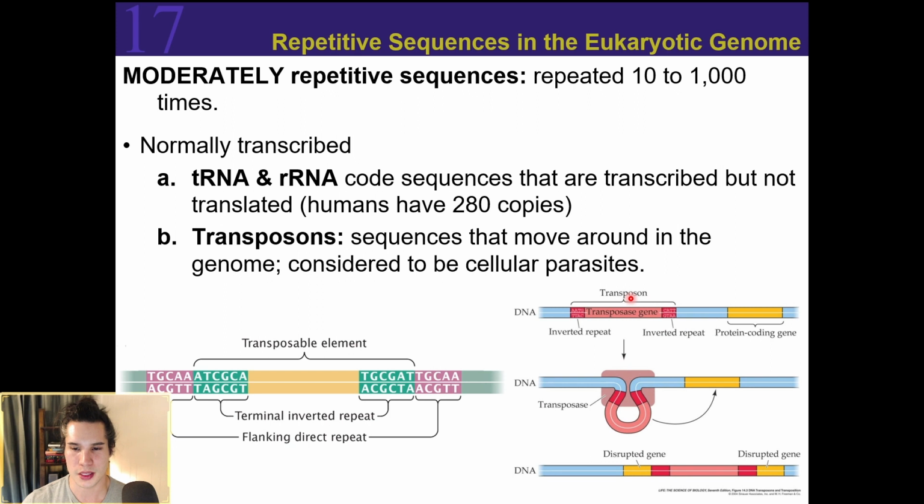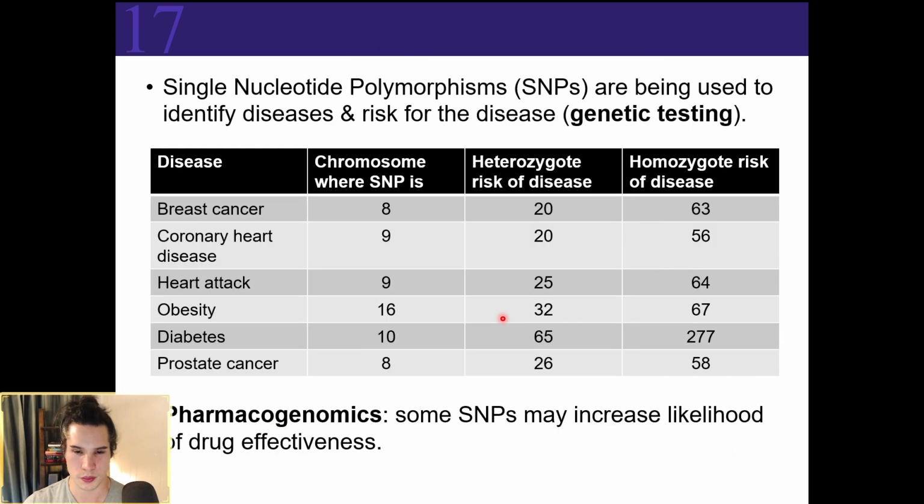This gene is actually going to code for an enzyme called transposase, and the function of transposase is to come around and extract your transposon gene and splice it into another part of your genome. So it could actually disrupt the expression of certain genes, but it's self-fulfilling because it codes for the enzyme that allows it to propagate. Very interesting. Potentially a long topic if you wanted to talk about it.